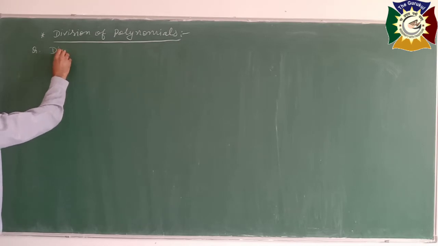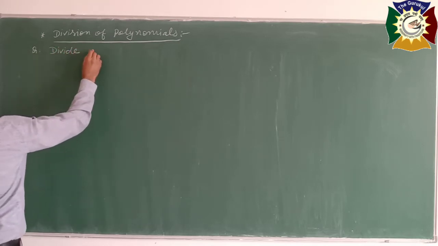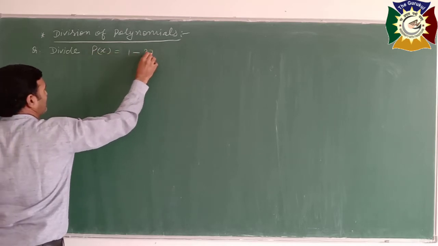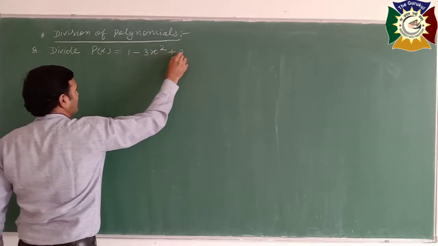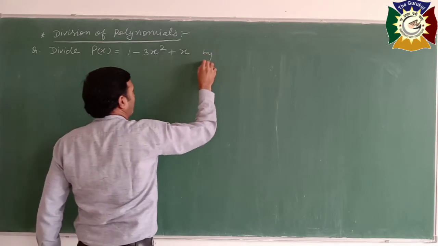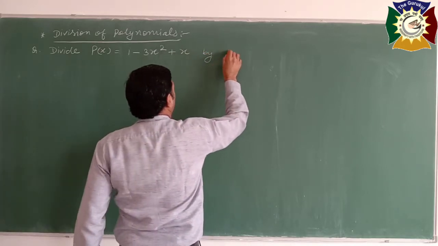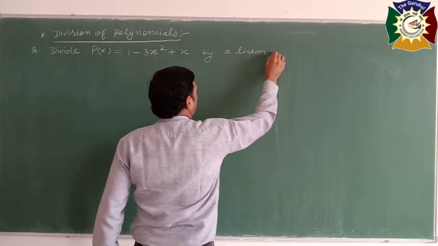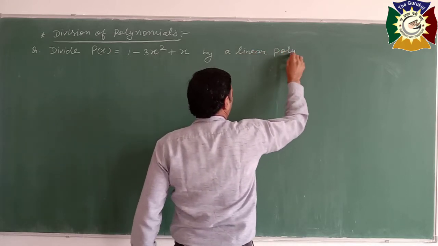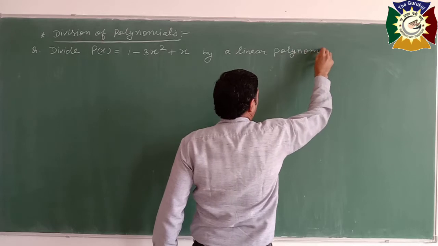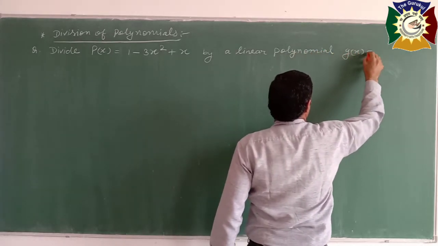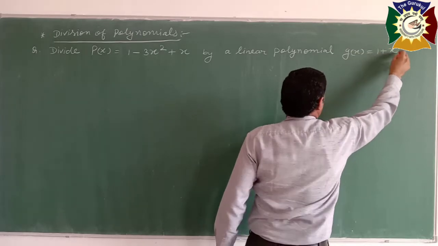Divide the polynomial 1 minus 3x square plus x by a linear polynomial g of x, and that is 1 plus x.